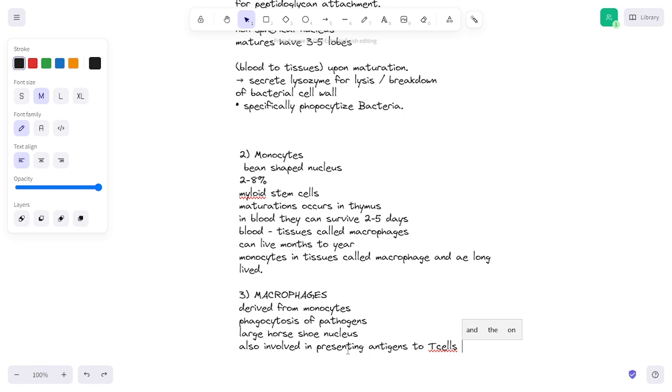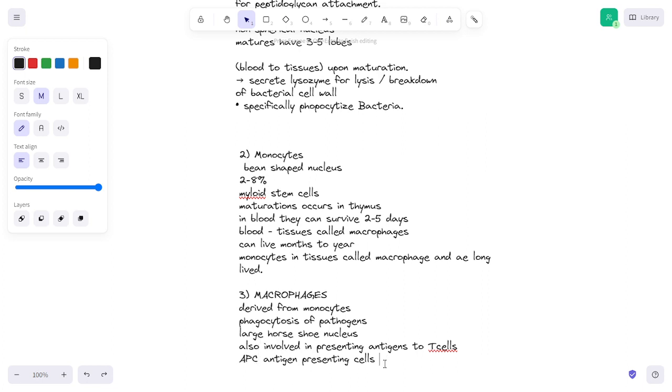By this process of presenting antigens to T cells, these macrophages are also called APCs, which means antigen presenting cells.